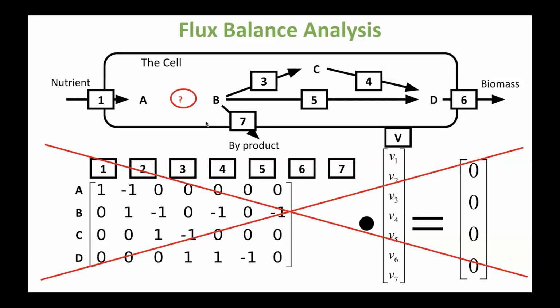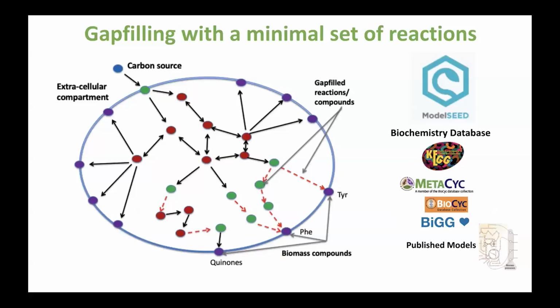This is kind of just showing the math, how the math is done in the steady state. But all you need to know is that basically, if we have a gap, everything breaks down. We can't go from the beginning to the end, and your simulation doesn't work. So we need to figure out a way to fill these gaps.